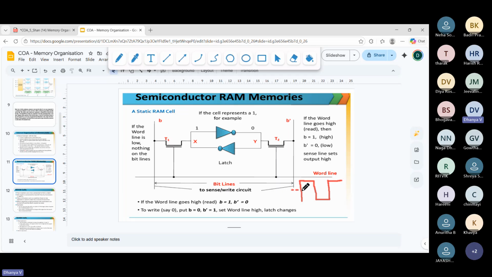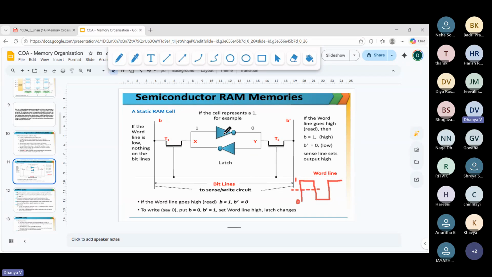There's something called a threshold level also. If it goes above this threshold level, that means it's high. If it goes below this threshold level, it is low, that is 0. That is what we assume. So it's not technically just 0 or 1.